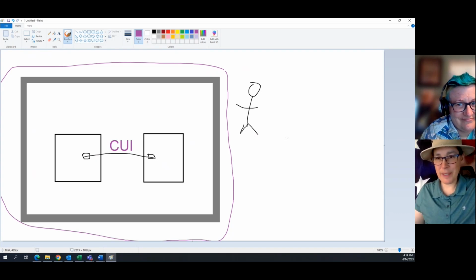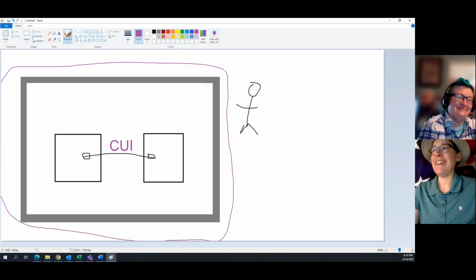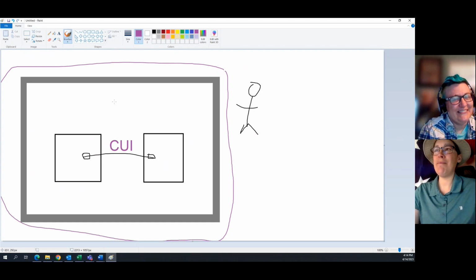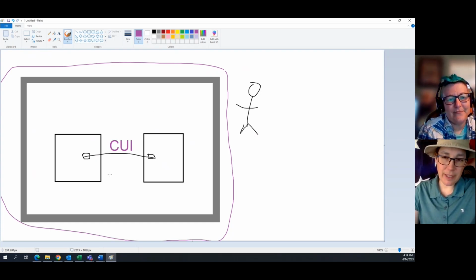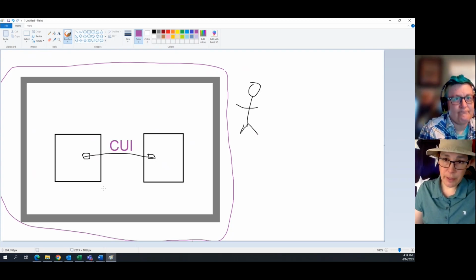Somebody might say they could find video cameras or spy satellites or something. But because we're physically protecting the CUI, we don't need cryptography to protect it. Therefore, we don't need FIPS.